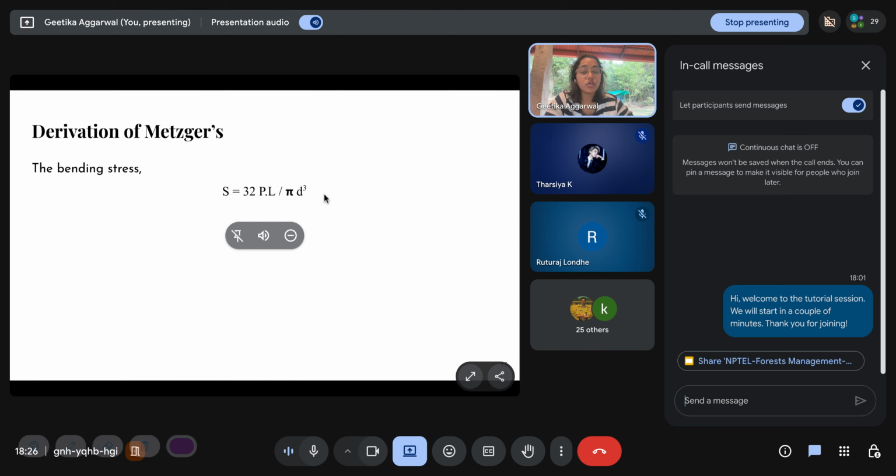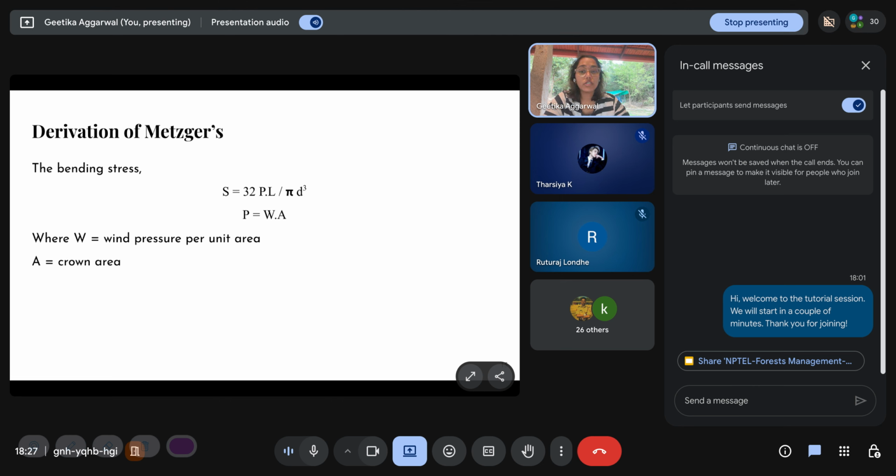L is the length or the height of the tree that you're talking about, and D is the diameter from the point of force application to where you measure the diameter. So this is the formula for the bending stress. P here is W into A. W is wind pressure per unit area, and A gives you the crown area.